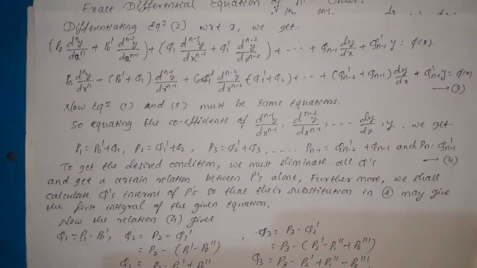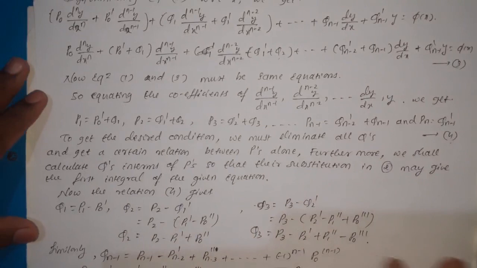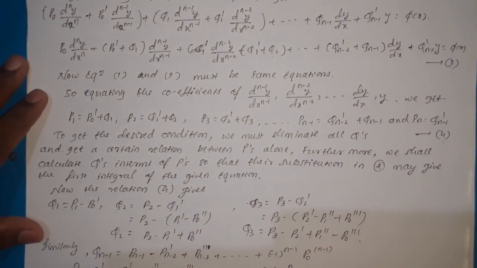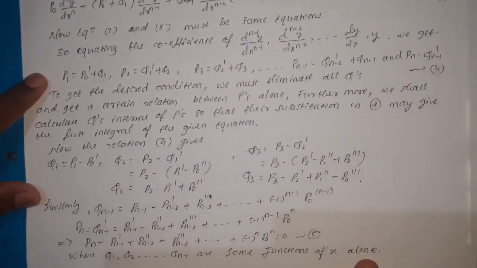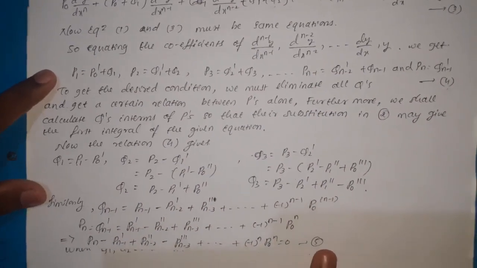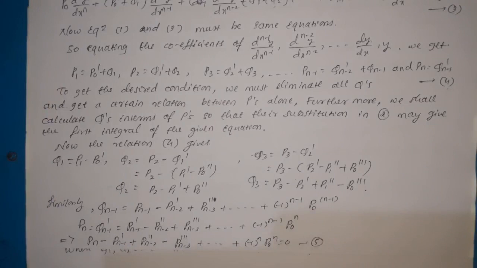Afterwards, comparing equations 1 and 3, and equating the coefficients of all the differential coefficients, then expressing all q's in terms of p, we got equation 5. That will be the condition for exactness.